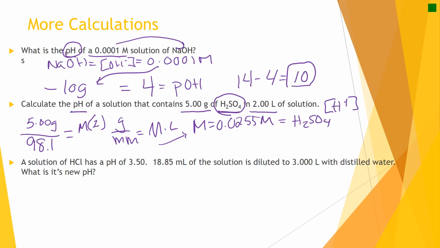Okay, but that is my molarity of H2SO4. Now, the molarity of my H+ is going to be double that. Why? Because if you look at H2SO4, it contributes 2 H's for every 1 H2SO4.